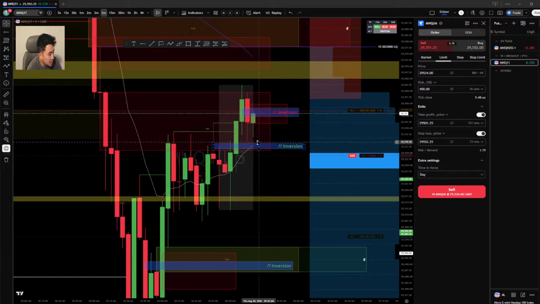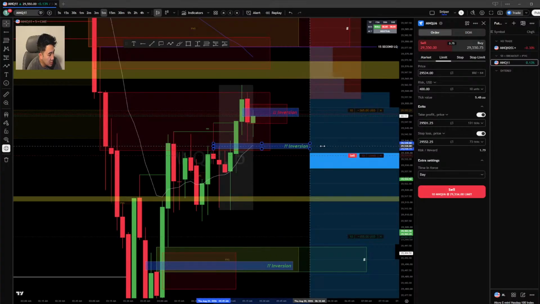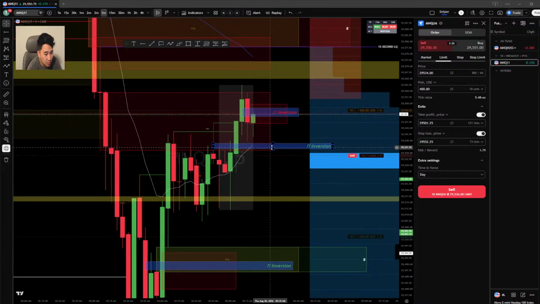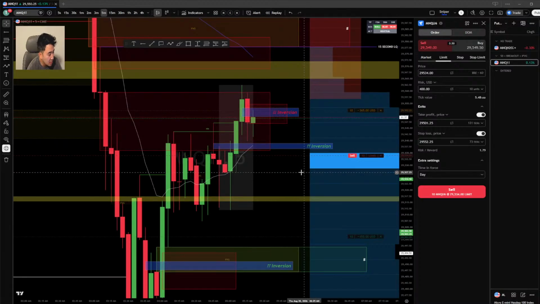If it drops and closes over the 13 inside the bullish inversion, I'll look for a pullback to take out that high of that candle where it dropped, and then we'll continue downwards for an entry at that original close, break over 13 EMA, and then close over it.